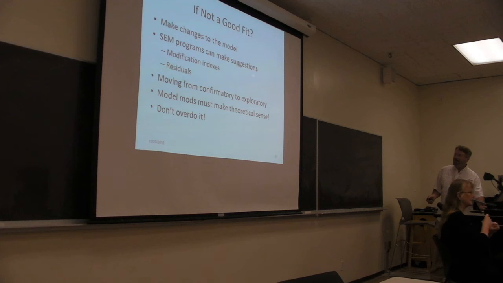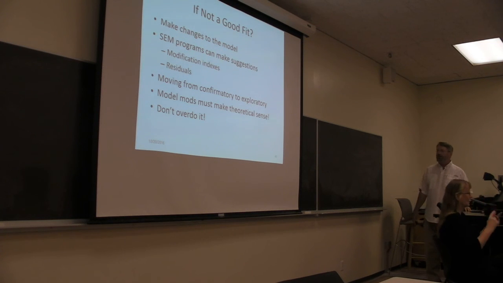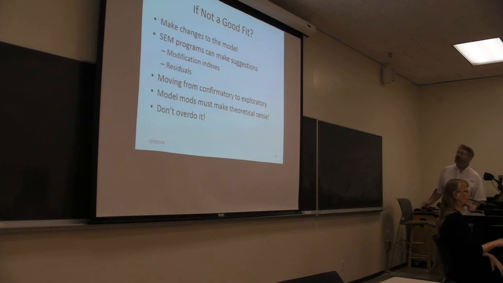But you have to keep in mind that as you do this, you're moving from a confirmatory sort of approach to an exploratory approach. And it's also the case that when you make model modifications, they have to make theoretical sense. And finally, my last admonition, don't overdo it in model modifications.